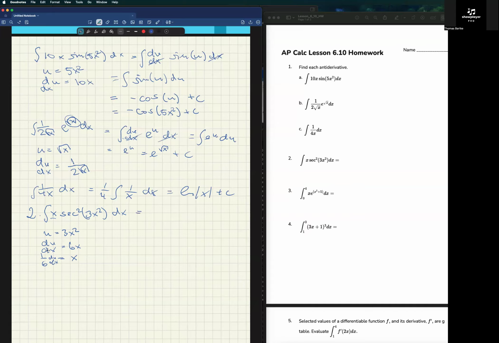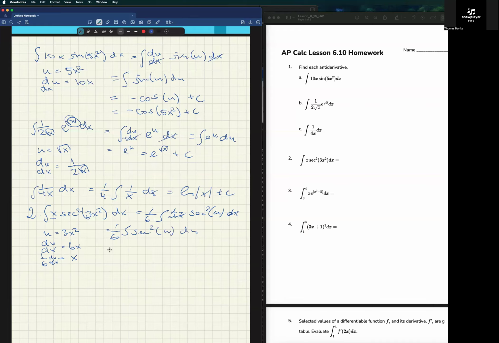I'm just going to pull the 1/6 right out of the integral. And then in the integral, I have du dx times secant squared of u.